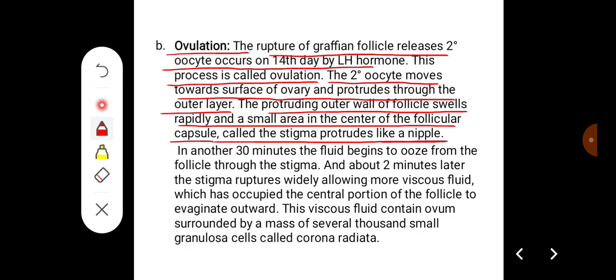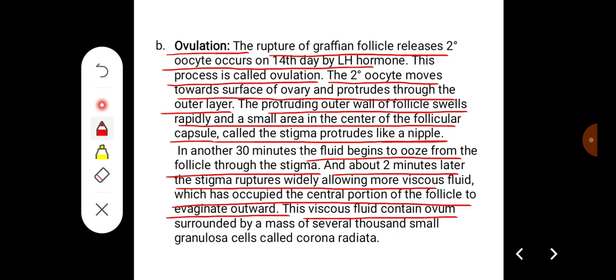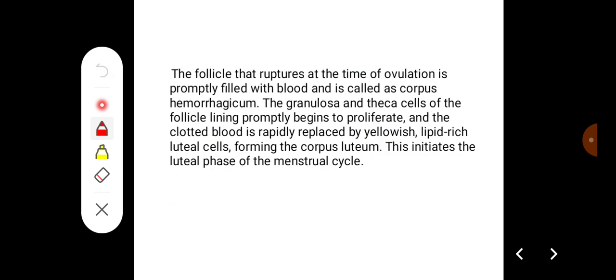In another 30 minutes, fluid begins to ooze from the follicle through the stigma, and about 2 minutes later, the stigma ruptures widely, allowing more viscous fluid, which has occupied the central portion of the follicle, to evaginate outward. This viscous fluid contains the ovum surrounded by a mass of several thousands of small granulosa cells called corona radiata.